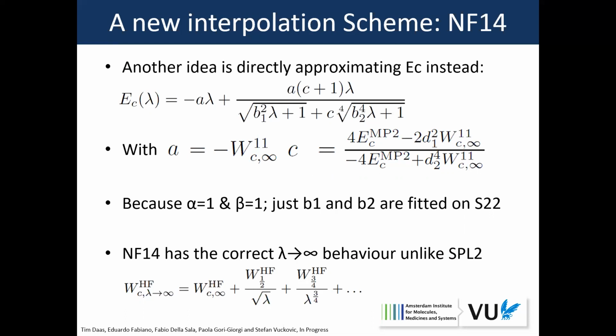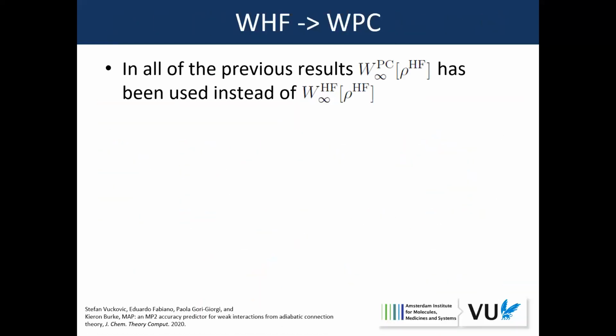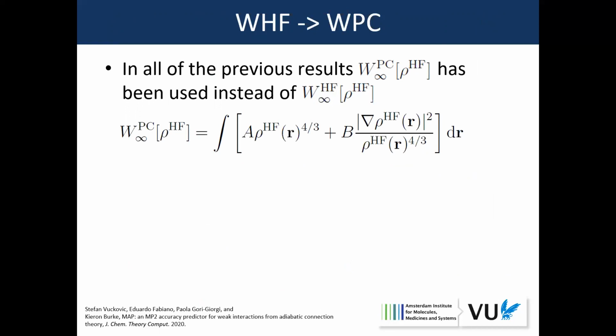Okay, so then we only have the last part left, which is these GEA terms, which I will now go over quickly, because in most of the calculations, we've always used the PC model to calculate the DFT lambda at infinity. So the W infinity DFT, we calculate using this PC model, which you can derive by using the idea that the electrons are at strictly correlated positions, so they don't have kinetic energy.